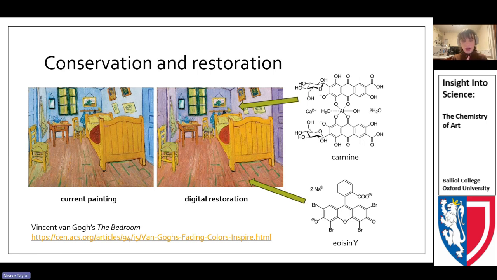So I'm just going to talk to you about two of the specific pigments of interest here. One is carmine, which was used primarily in the walls. Originally, the walls looked quite purple. Now they look quite blue. That's because carmine's a red pigment, and over time, it started to degrade. I wasn't myself able to find detail on the exact reaction mechanism, and I'm not sure that it is known yet.